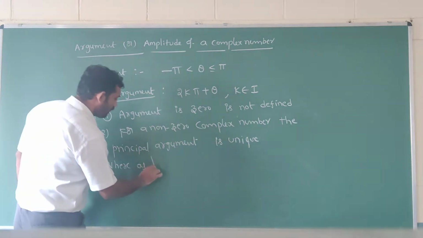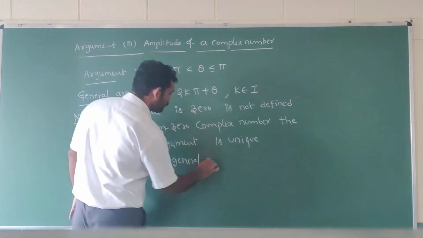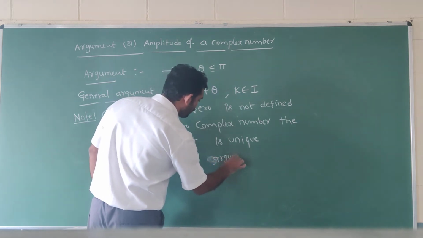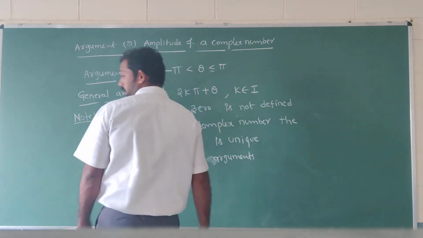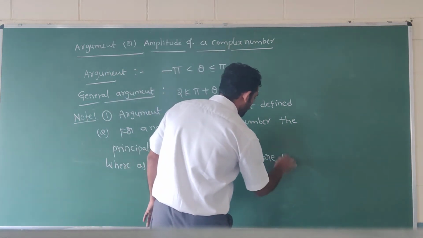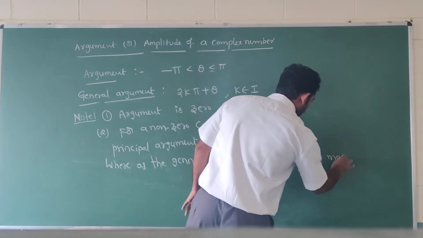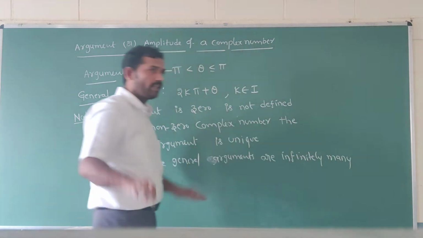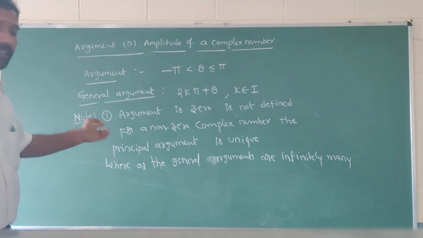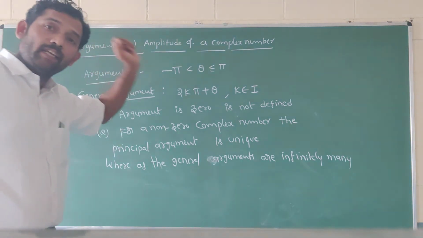The general arguments are infinitely many. Where the general arguments are infinitely many. See here, we are simplifying the arguments for every complex number.